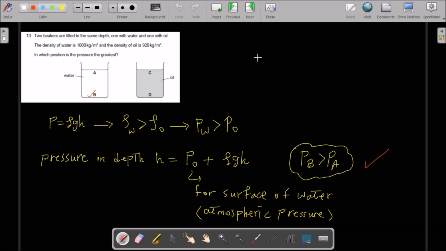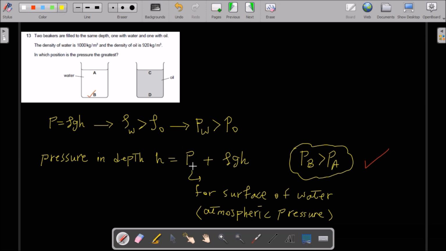Then pressure in depth H is equal to atmospheric pressure plus rho GH. So atmospheric pressure plus rho GH. So I can correct this one. This is P for atmospheric pressure, so I can choose another sign for that.